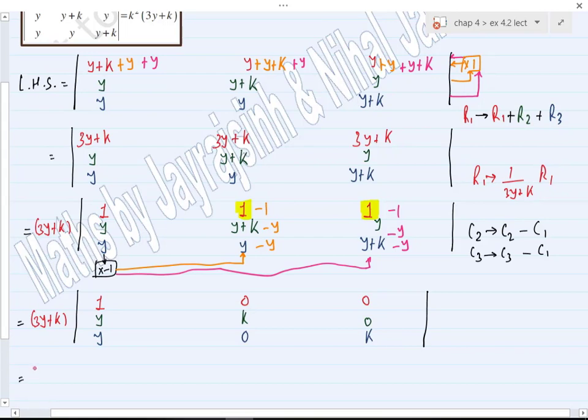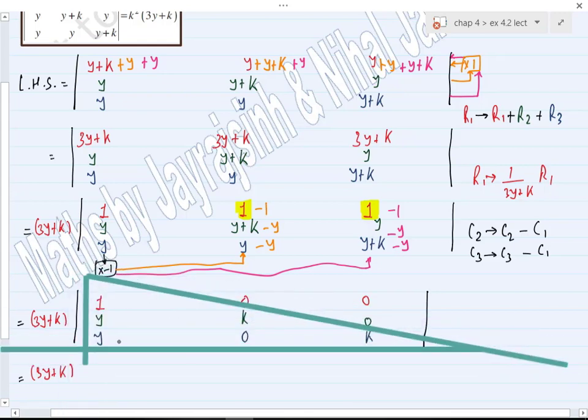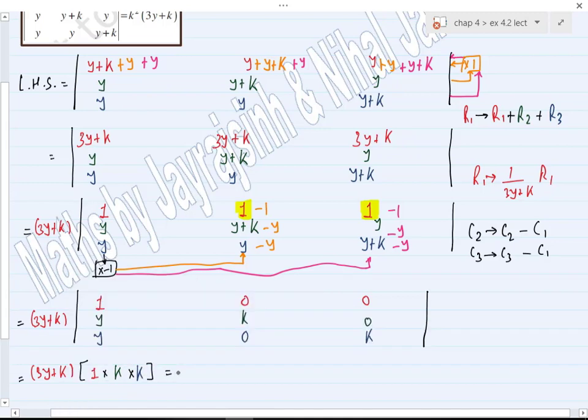So now 3y plus k will be as it is, and if you see carefully, we have a lower triangular determinant, and its value can be found by multiplying its principal diagonal elements. So 1 into k into k, or we can say we will get k square into 3y plus k, which is your required right hand side. Ta-da!